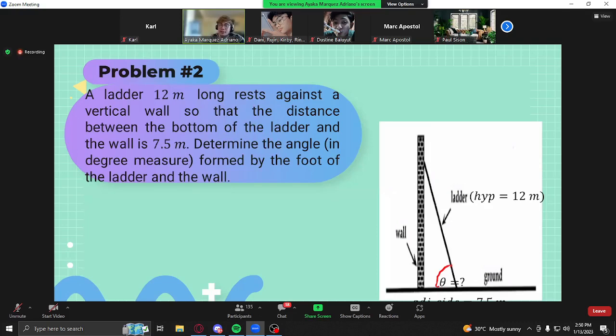Kasi pag nawawala yung angle, gagamitin mo is arc sine, arc cosine, or arc tangent. But you have to decide what inverse trigonometric function should we use, if it involves the adjacent side and the hypotenuse. You remember SOHCAHTOA?